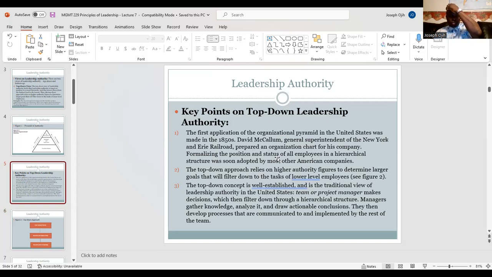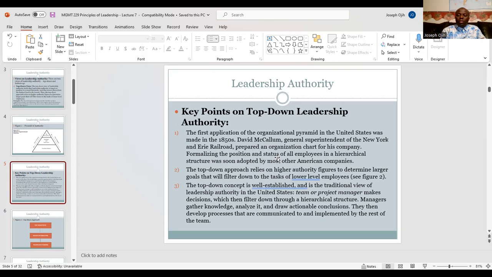in the United States. So even if you have a team of project managers, and we do have a team of project managers, they make the rules, they make the decisions, and then they pass it down through the hierarchy to the frontline workers.